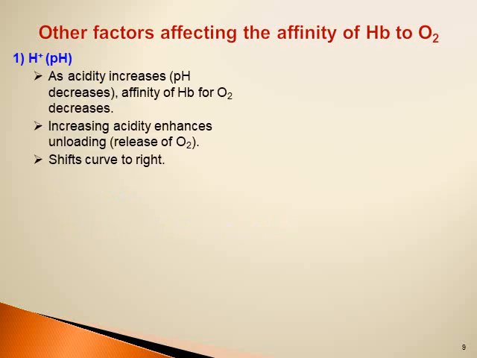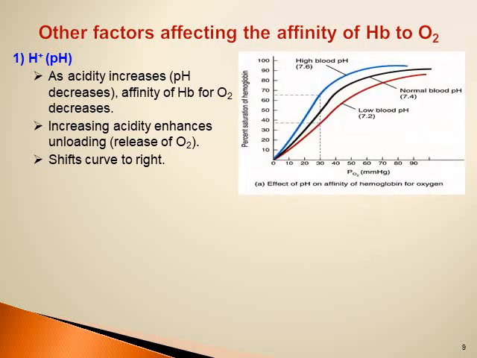Let's see how acidity or pH affects the hemoglobin oxygen dissociation curve. Let's agree that any shift in the curve to the right means low affinity of hemoglobin to oxygen, and any shift of the curve to the left means that hemoglobin has higher affinity for oxygen.